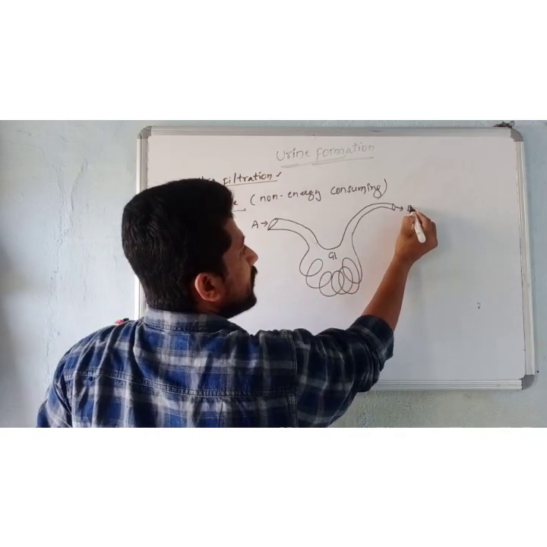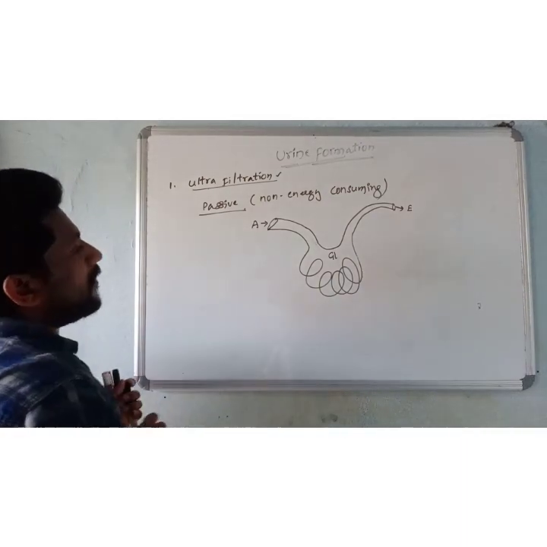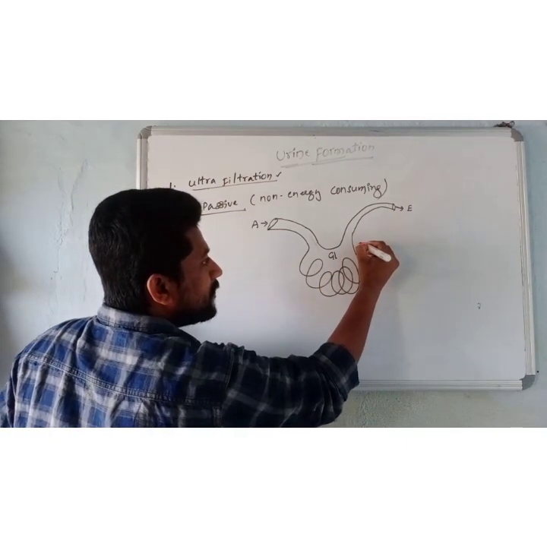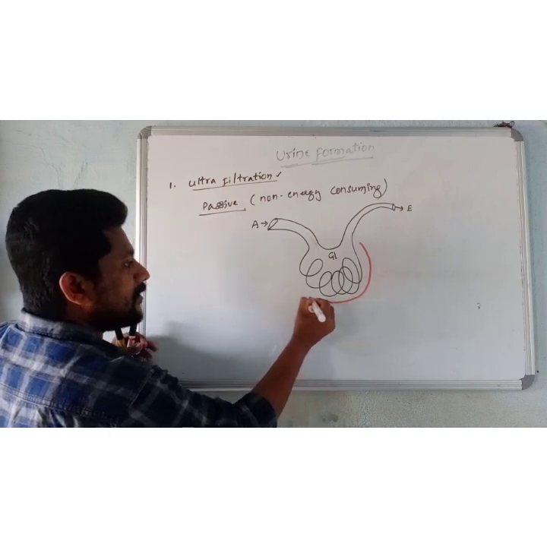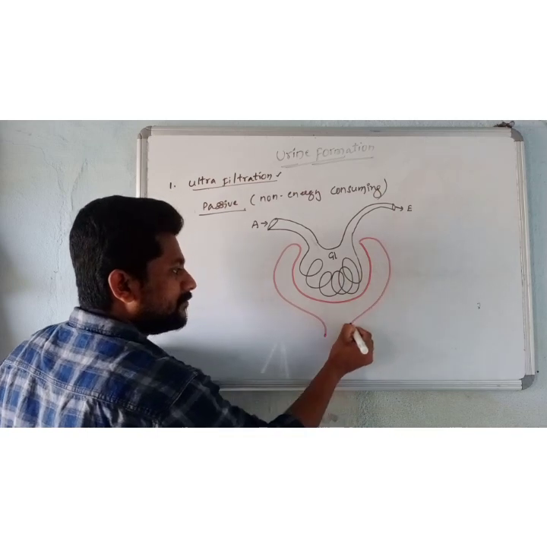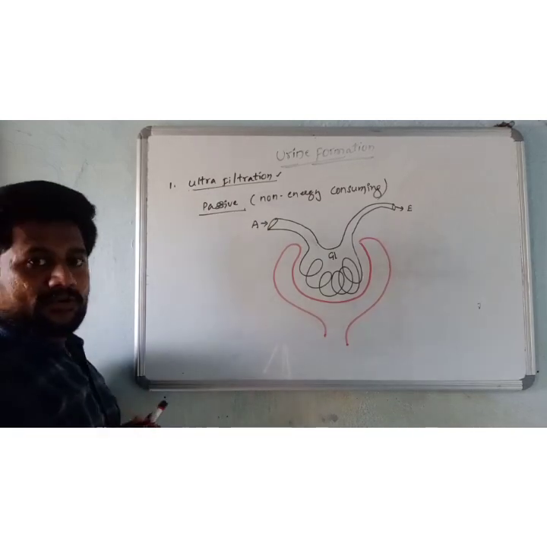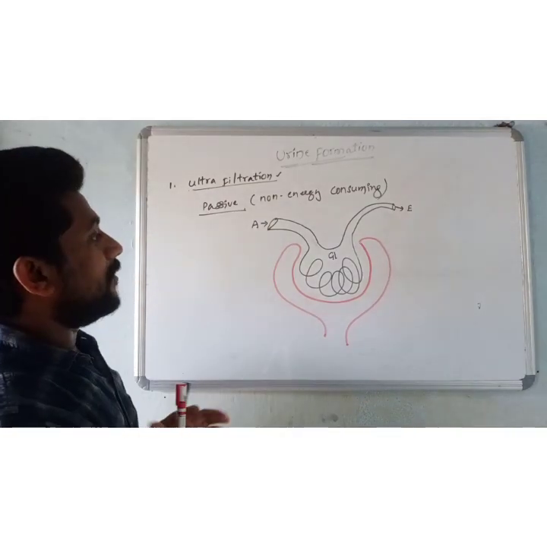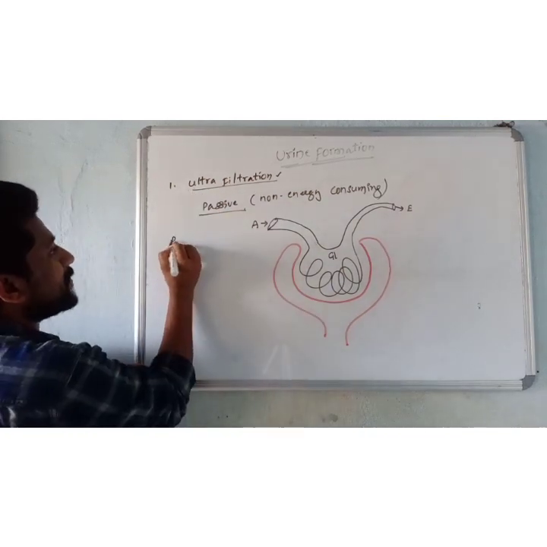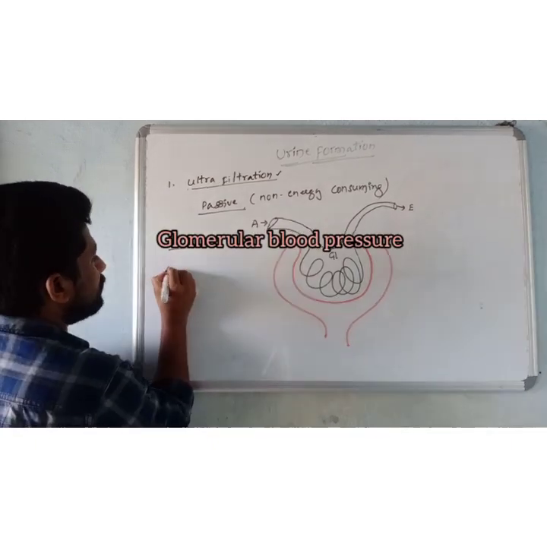In ultrafiltration, the glomerulus is covered by the Bowman's capsule. This ultrafiltration process is done by pressure gradients, so ultrafiltration is affected by some pressures. Let's see them one by one.